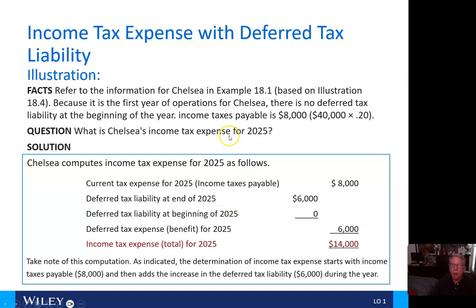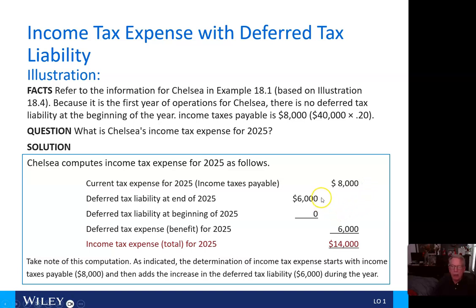Okay, so again, we'll refer back to the Chelsea example. And what is Chelsea's income tax expense in 2025? Here, the income taxes payable is $8,000. That's $40,000 times 20%. And so the current tax expense is going to be $8,000.